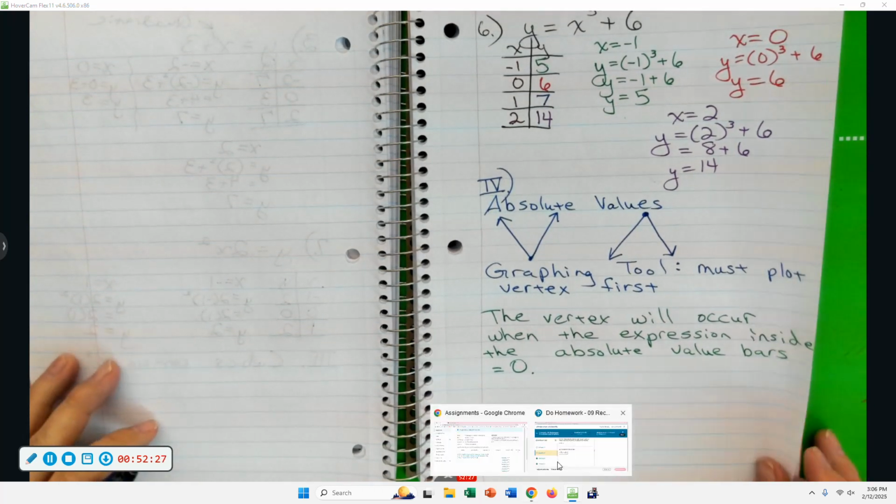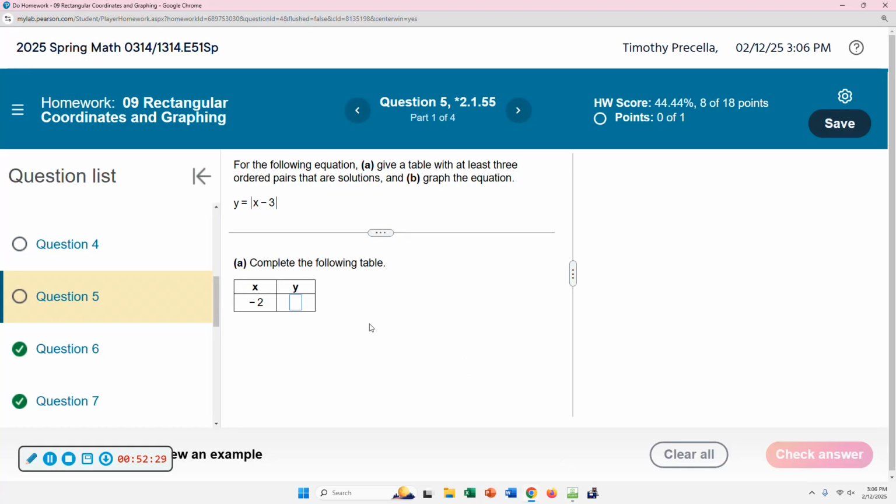Let's look back at number 5. Was it y equals the absolute value of x minus 3? Y equals the absolute value of x minus 3. That's not 1x minus 31. And they're giving us the x values to plug in here.